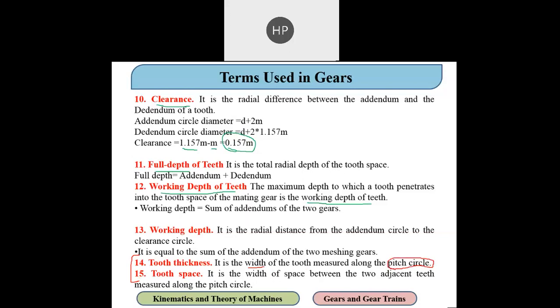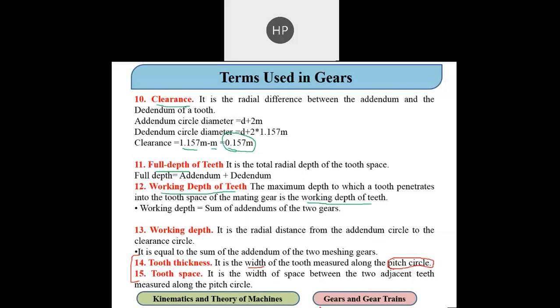We have to measure along the pitch circle. So again, this pitch circle is important. As we told earlier, the pitch circle is a very basic thing to design a gear. If you have the pitch circle dimension, you can quickly and easily design the gear, because all the dimensions are generally derived from this pitch circle diameter.